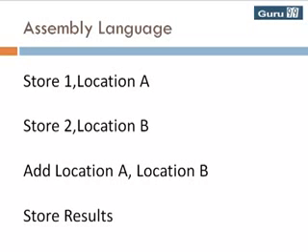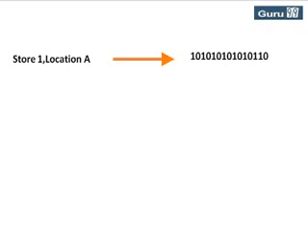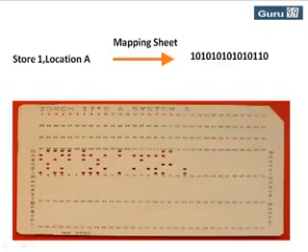The way you feed this code to the processor would depend on the PC you are using. Back in 1950s, when computers were huge and consumed great deal of power, you would convert your assembly language code into corresponding machine code of ones and zeros, using mapping sheets, and punch the machine code into punch cards to feed to your computer.